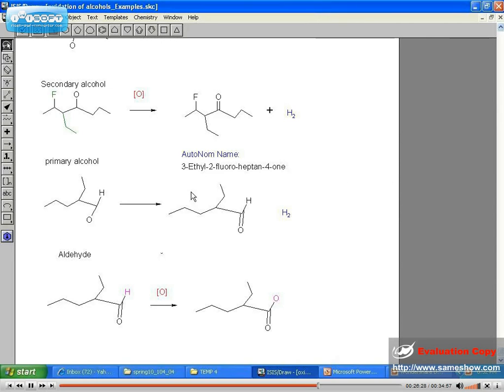Excellent. And this one over here, this is going to be an aldehyde. So just by looking at it, it would be 2-ethyl pentanal. Keep in mind, if you see no 1 here, the 1 is implied, since aldehydes always occur at the very end.